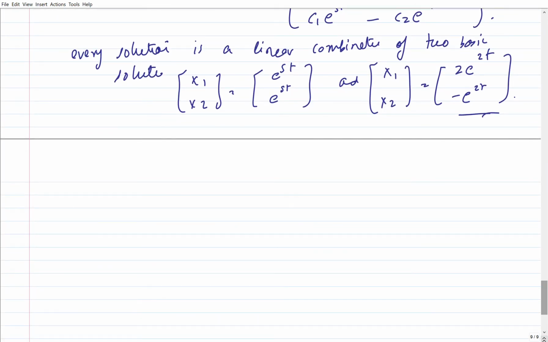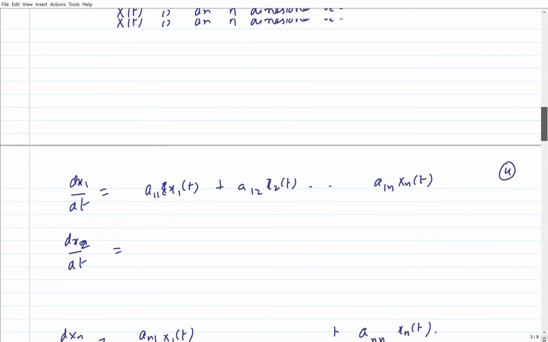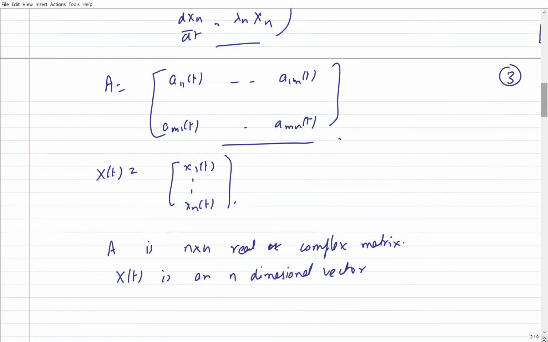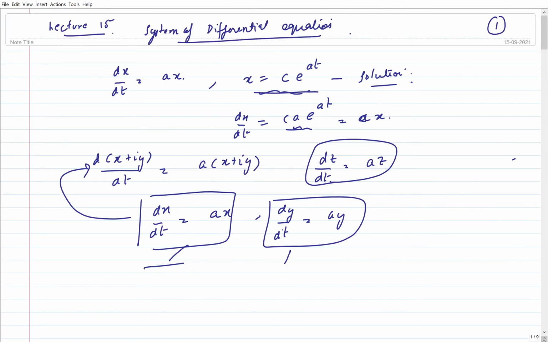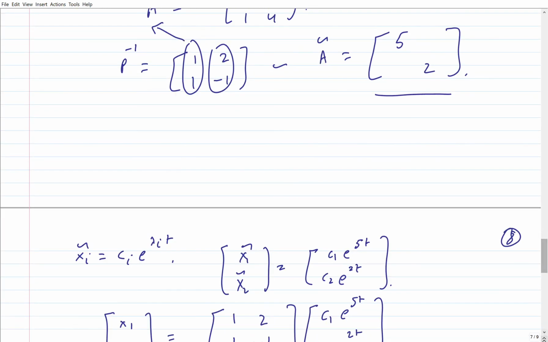I'll just write down one more proposition, very much in line with what we discussed at the start of the lecture: if you are seeking complex solutions, the real part and the imaginary part both satisfy the same equation. We can translate it directly even for a system of these differential equations.